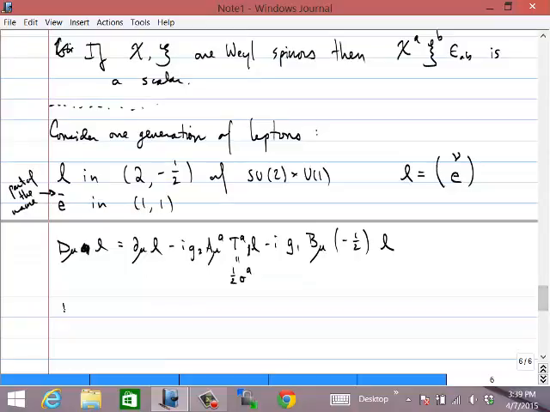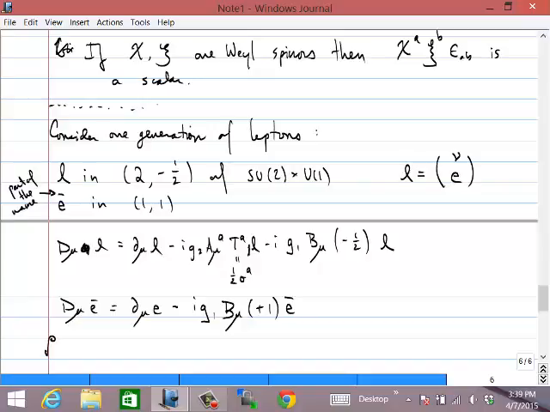And similarly, E bar has a covariant derivative, which is just given by minus i g1 times B mu times the hypercharge assignment of E, which is 1.